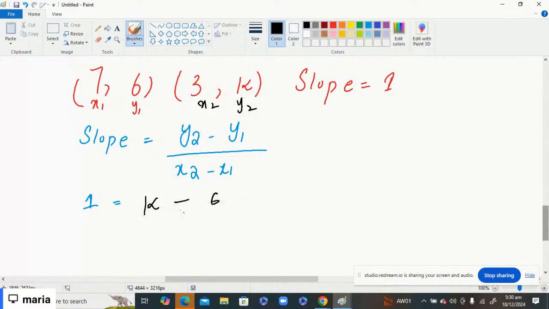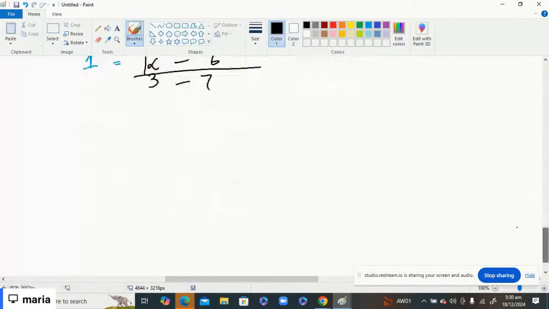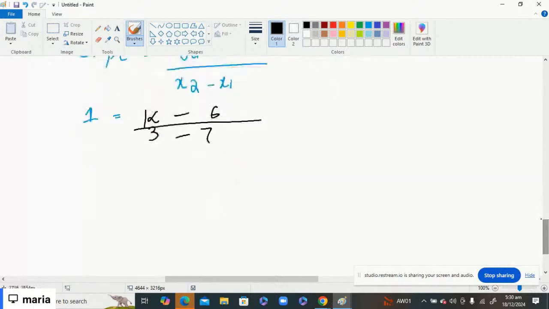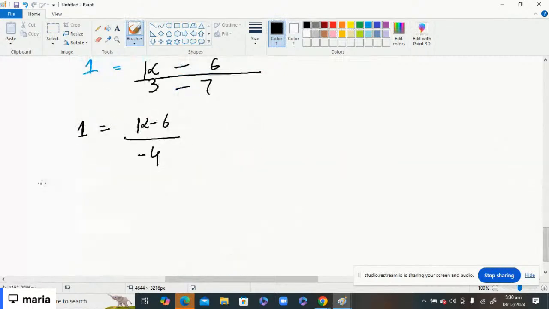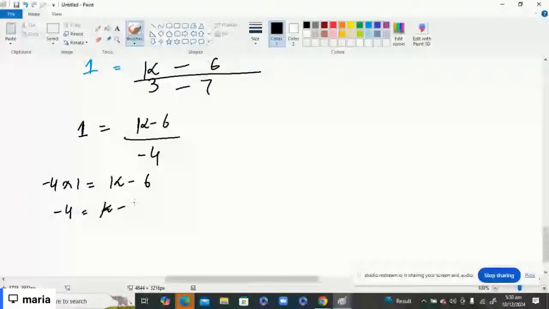So your y2 is k, minus 6 over 3 minus 7. So 1 as it is, k minus 6 as it is, 3 minus 7 is minus 4. Minus 4 is multiplied with the 1. That is equal to k minus 6.